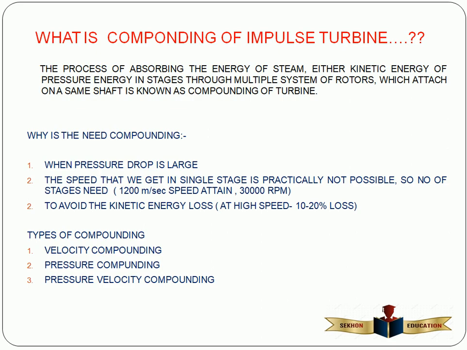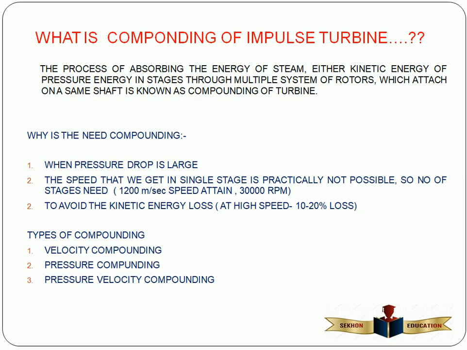Third, if we use this high pressure energy in a single stage, converting it into kinetic energy in a single stage, then there is a large chance of loss of kinetic energy at the exit.